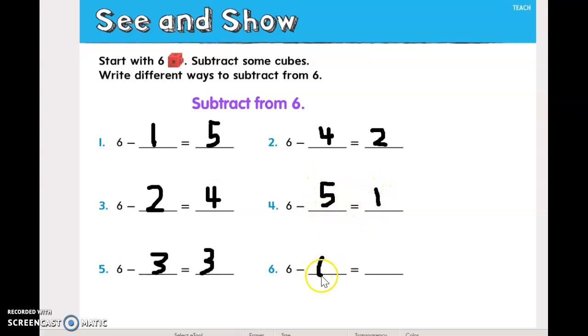And 6 take away 6 equals 0. That's our pattern. All right, so the next problems are on your own. And so I want you to go ahead and complete page 161 all by yourself. And then I will see you for the last page, which is our problem solving page.